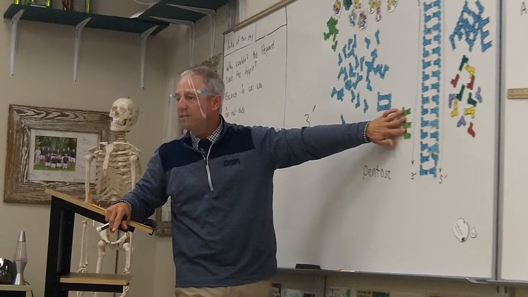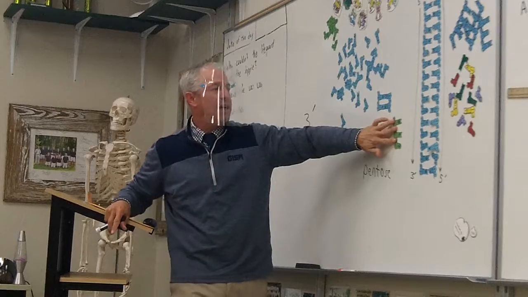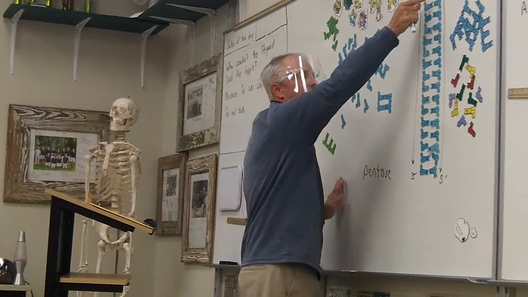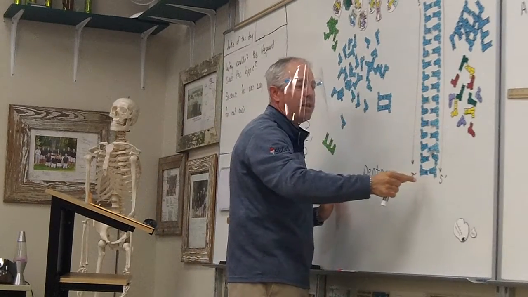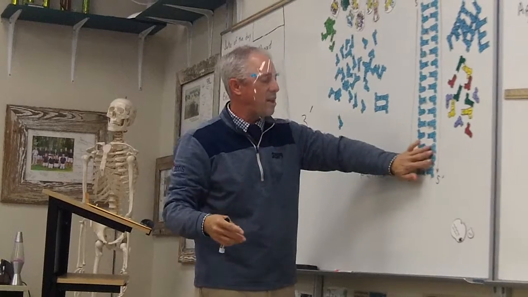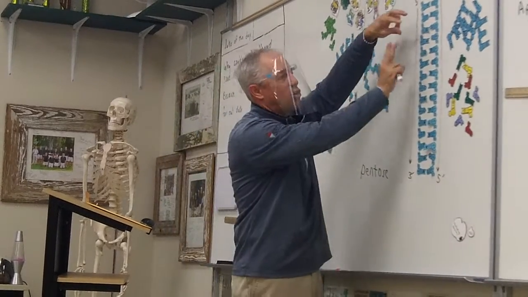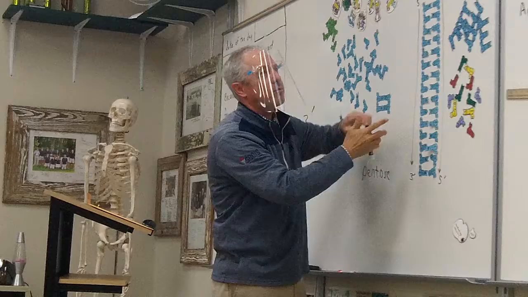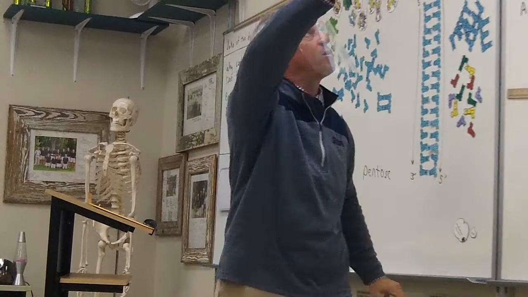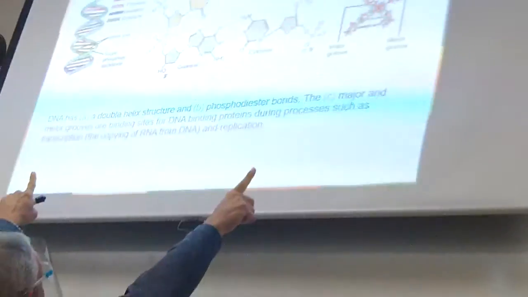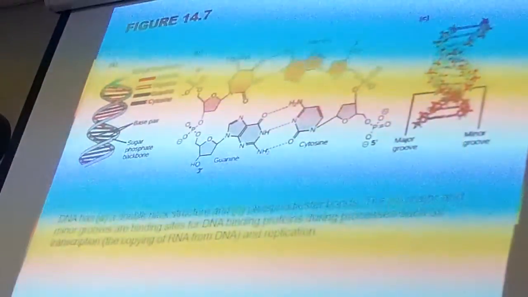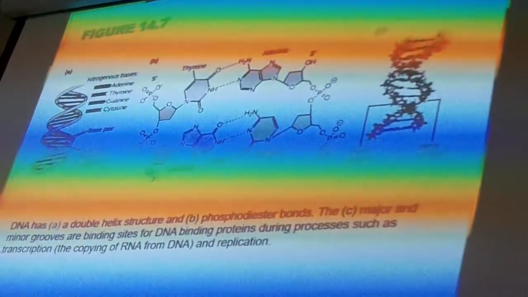Other questions about the structure of DNA? And of course, it's not just like a ladder that goes on the side of a house. It's a twisted ladder. As you can see in this picture right here, both those pictures, it twists. How often does it twist?